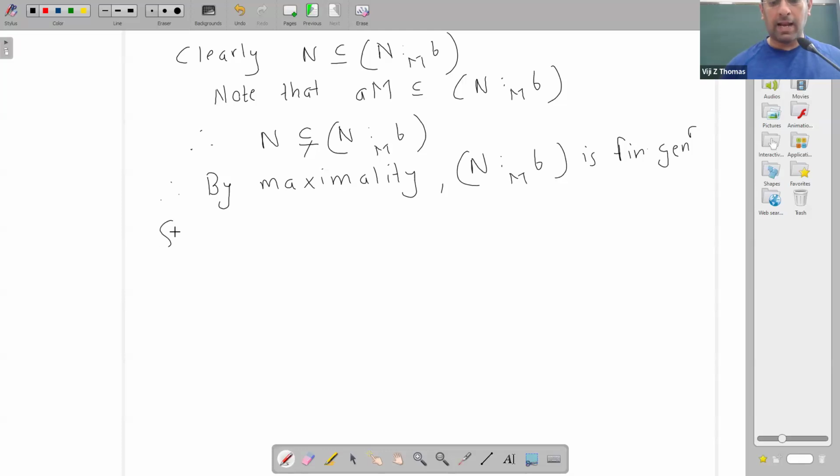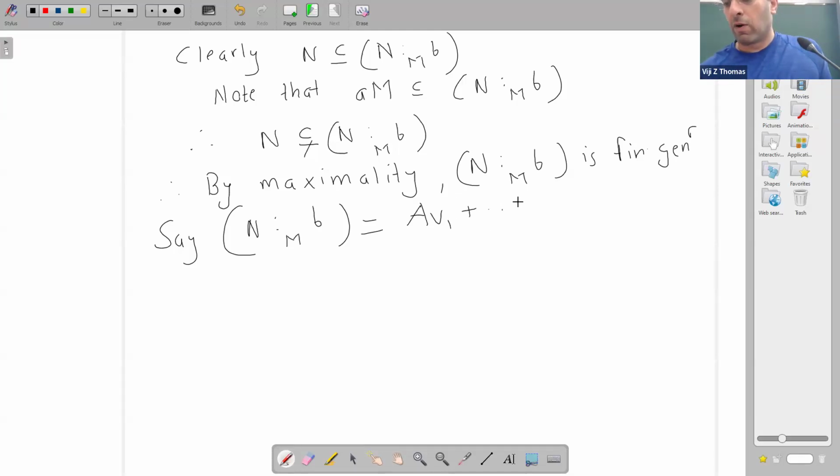Suppose, say, N colon M B is finitely generated. So let's say V1, that was U1, I believe, up to VM. That was N indexed and this is M indexed. So let's call this star. Okay. So claim.